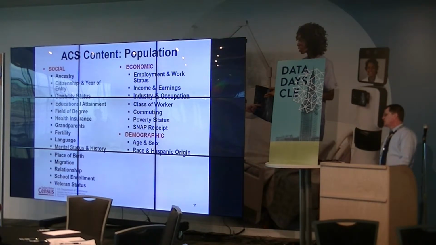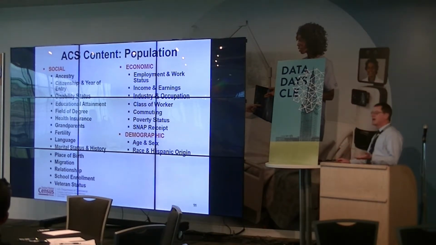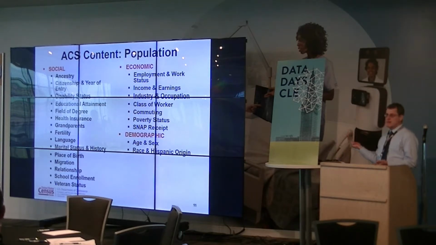What's their relationship status? How many veterans do we have? What's the status of the veterans? How many veterans are in poverty? How many people in Cuyahoga County are disabled? Then you look at our economic data topics. You can look at how long it takes people to drive to work, when they leave for work, and how they get to work.